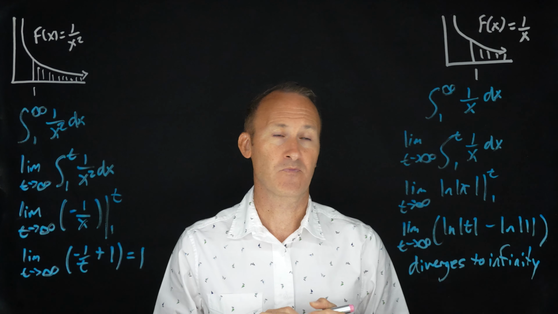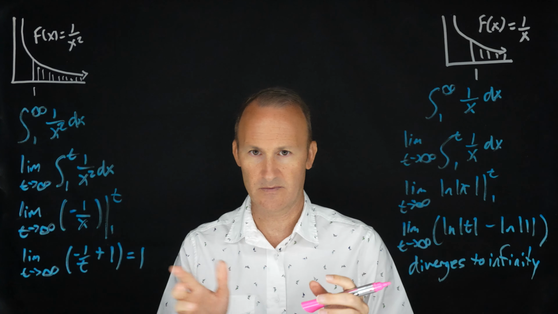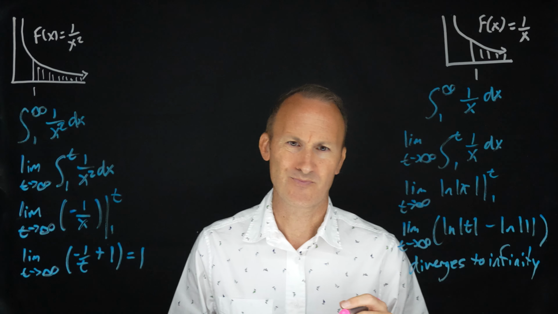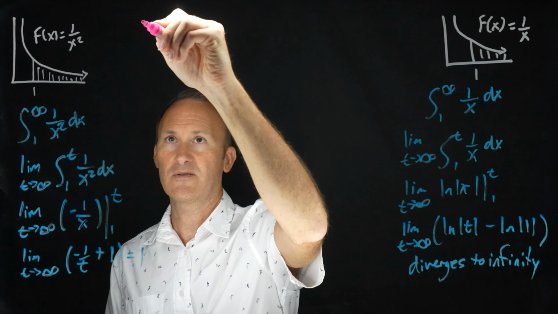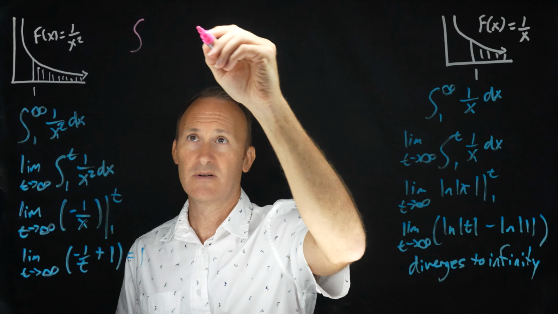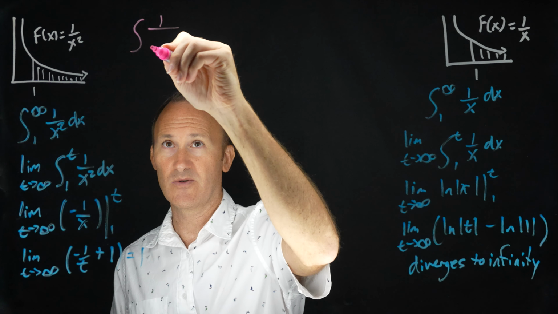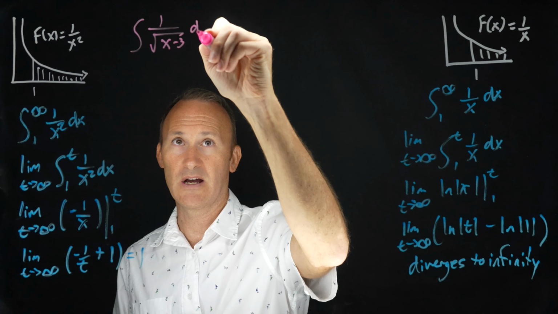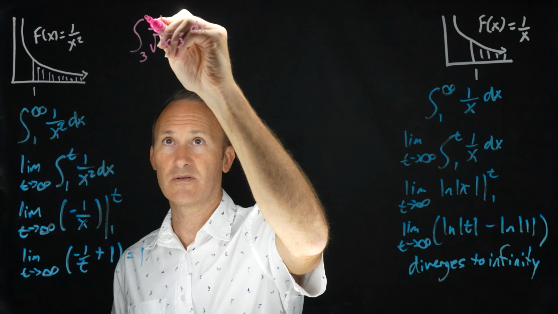Now, you can have some other types. Let me show you another interesting type you could have. Let's consider the following. Consider the integral of, how about, 1 over the square root of x minus 3 dx, evaluated from 3 to 7.